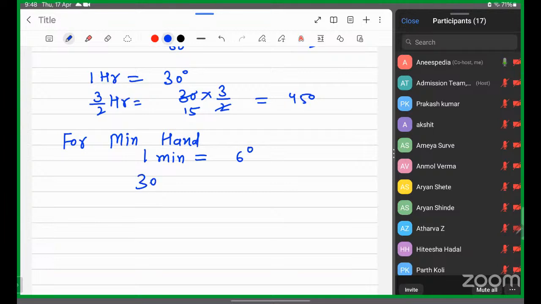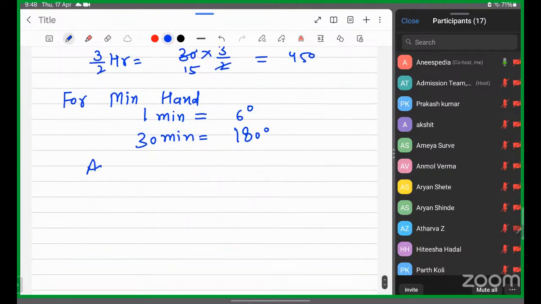So in 30 minutes, it will go how much? 180 degree. So what will be the angle between them? Take the difference. 180 minus 45. How much? 135 will be the answer.